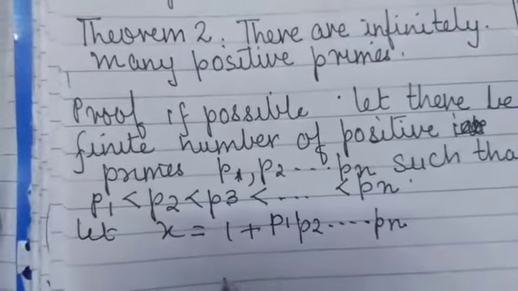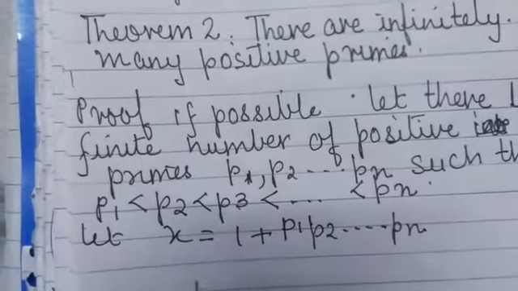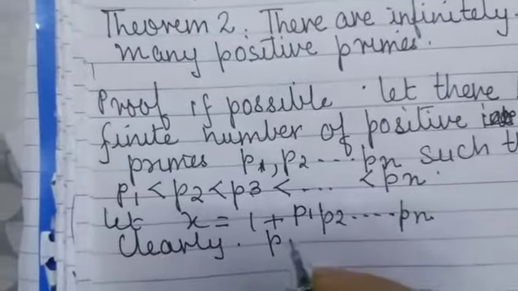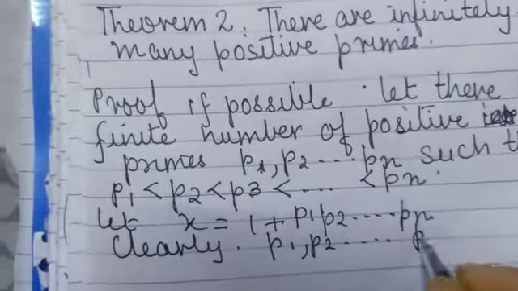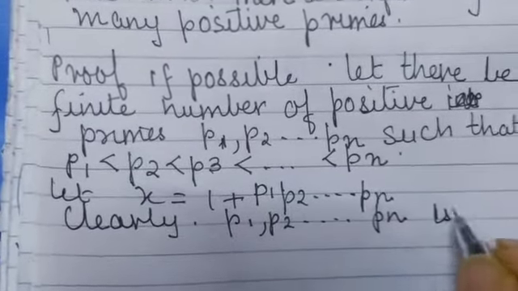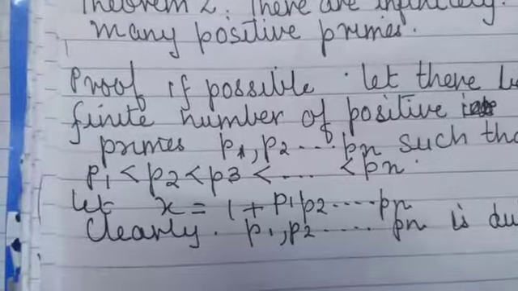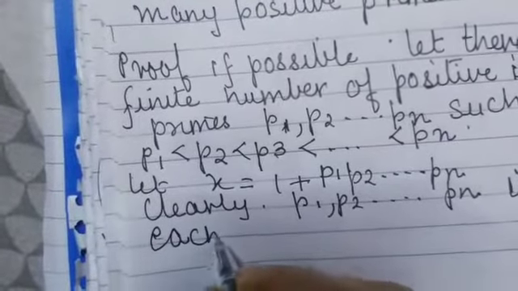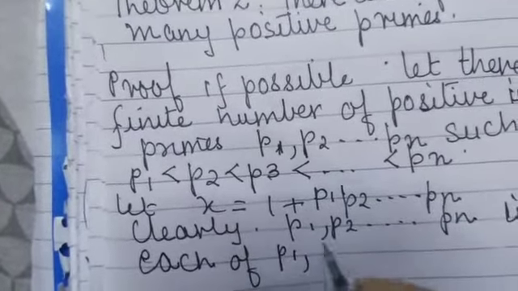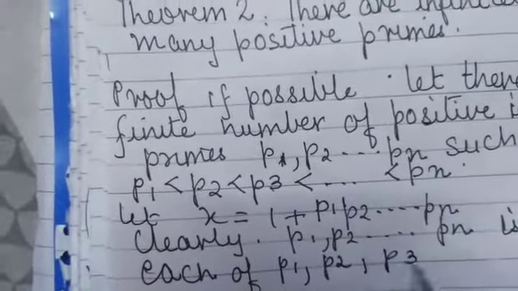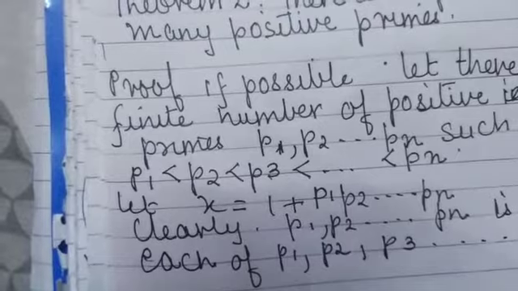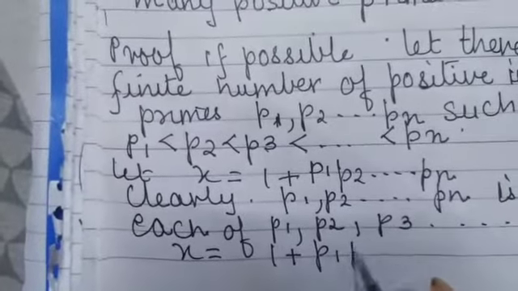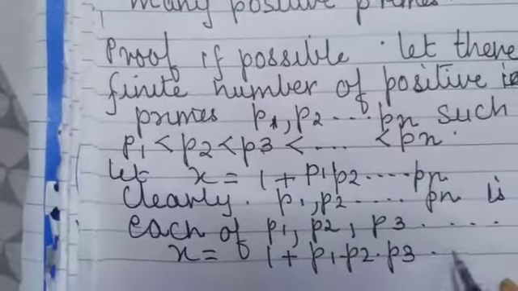Now, clearly, p1 p2 pn product is divisible by each of p1, p2, p3, and so on till pn.